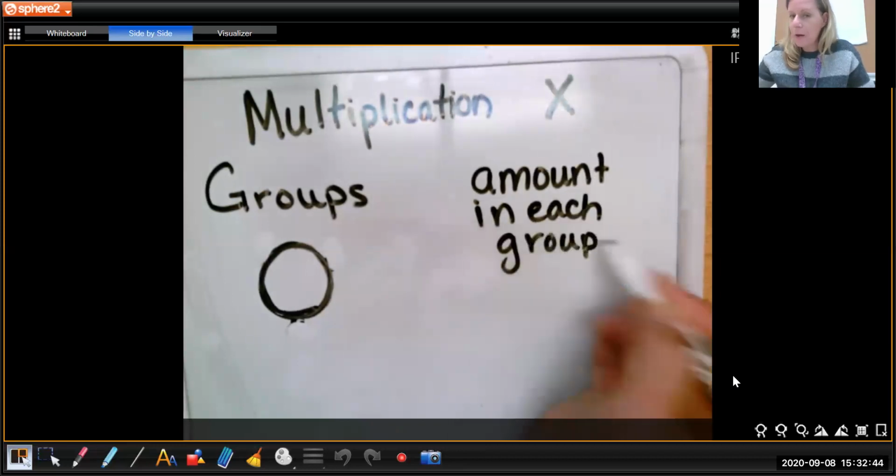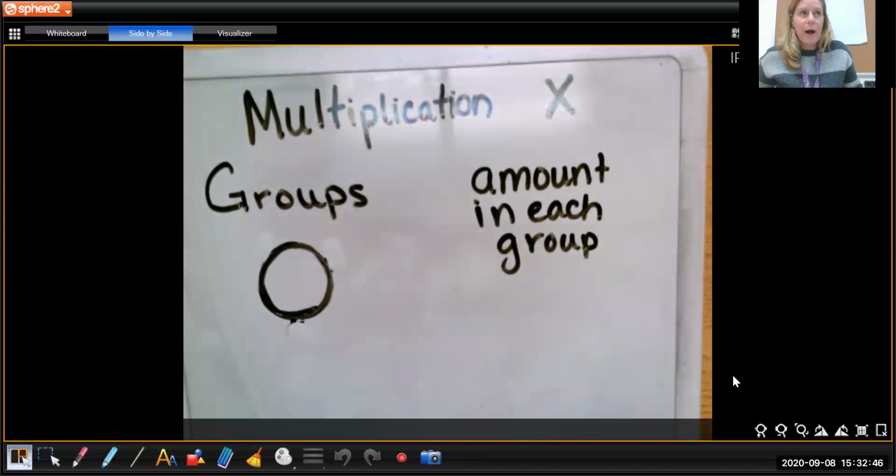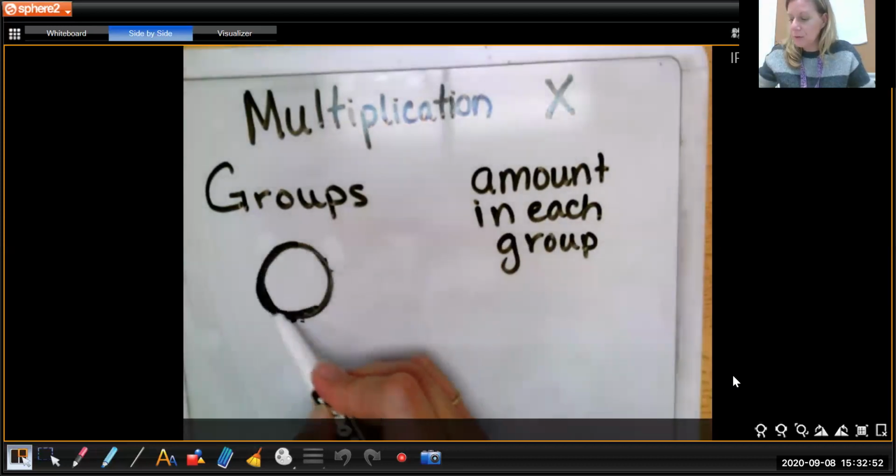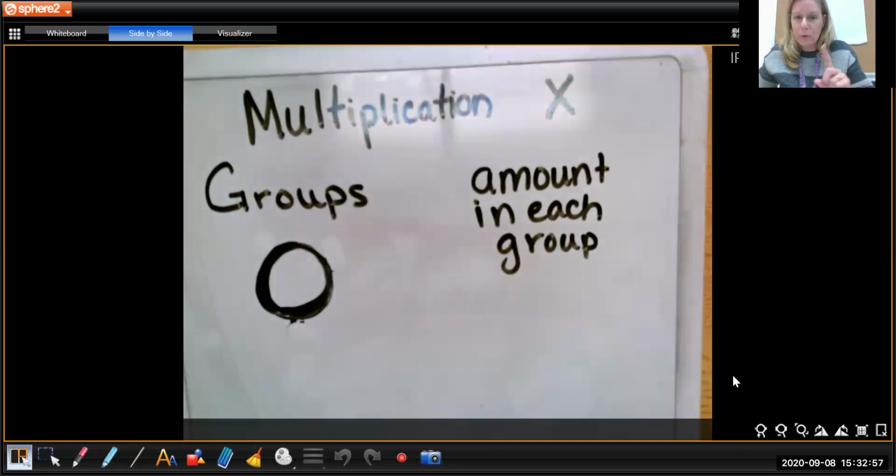So there's some amount of people or objects or something that's in a group. If we can picture this as a table, this is one table or one group, but there's nobody in the group yet.